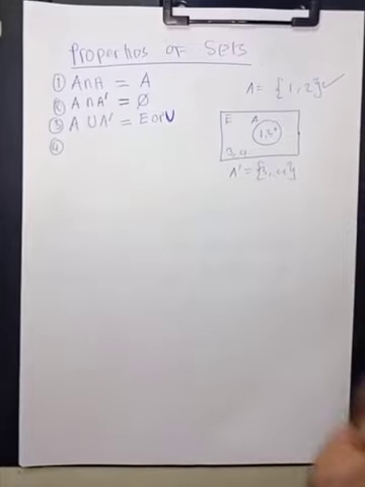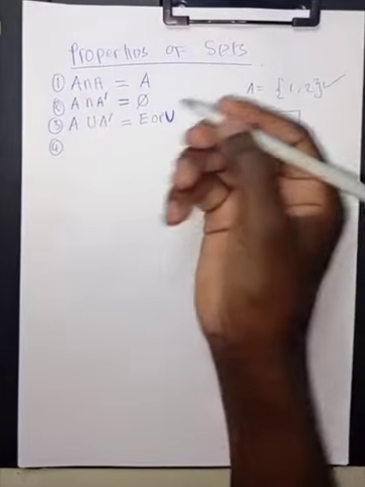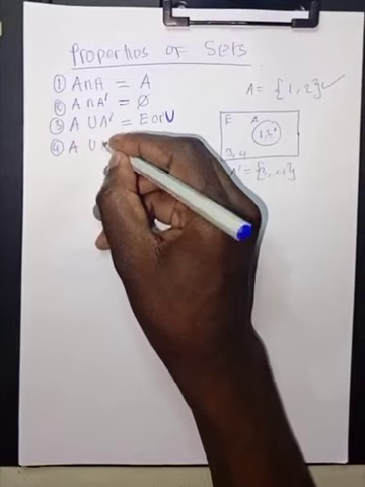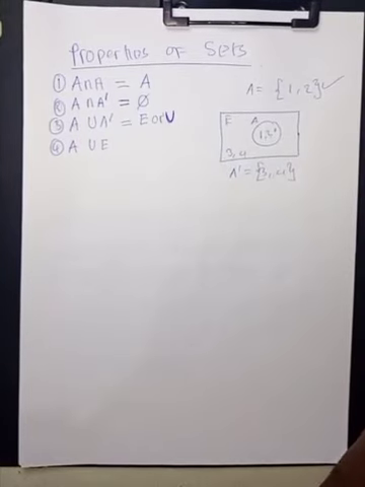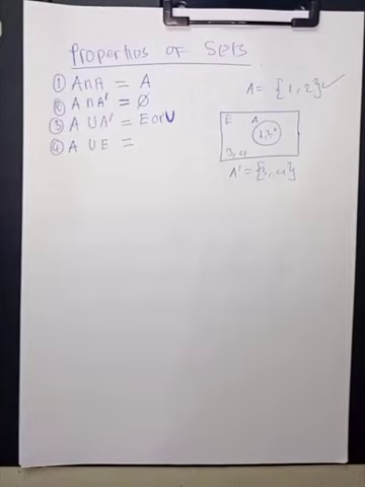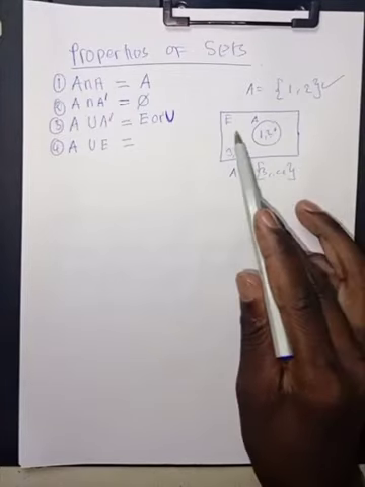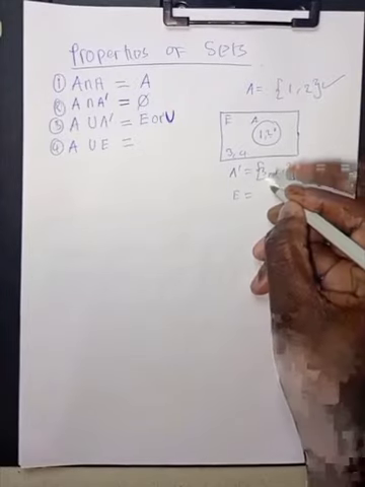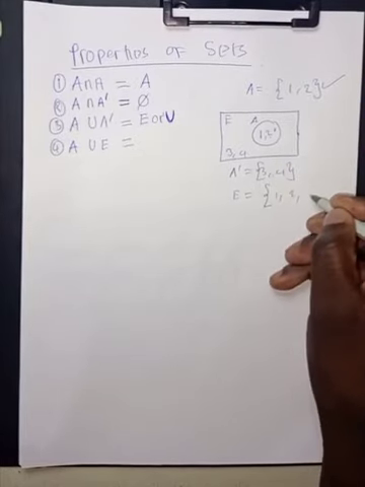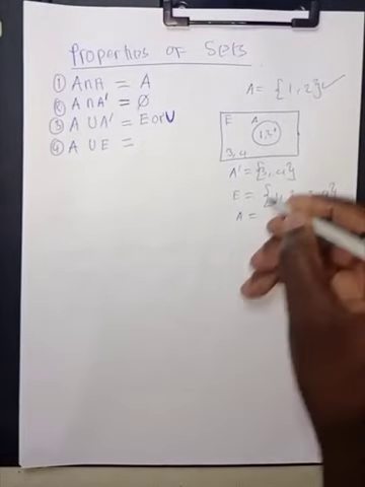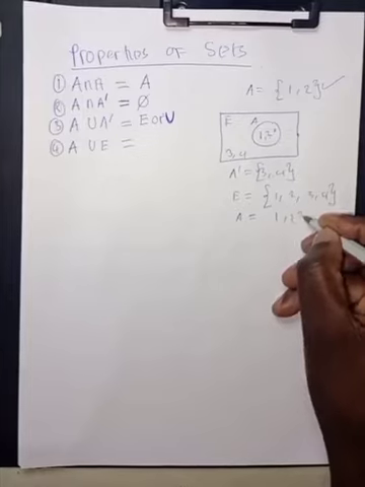Then property number 4 is where we have A union E, the universal set. We are trying to find the union, meaning putting together set A and the universal set. If our universal set is 1, 2, 3, and 4, then our set A will be 1 and 2.